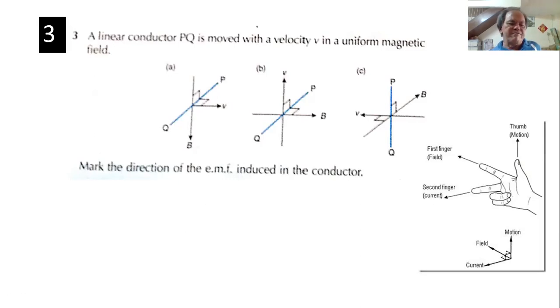Where's the induced EMF? Right? The first right-hand rule, that's your right-hand rule. To remind you, thumb is the motion or force. First finger is your field. Second finger is your current. So what's the answer? The conductor is PQ, blue color.